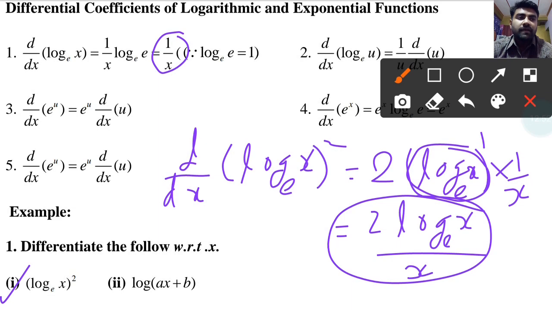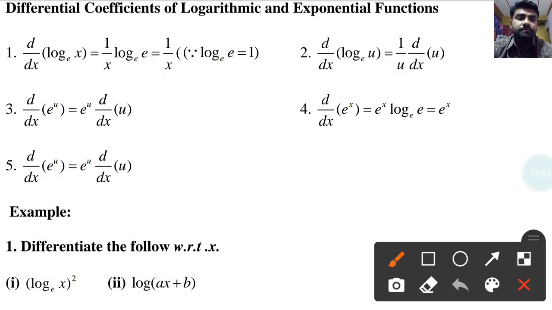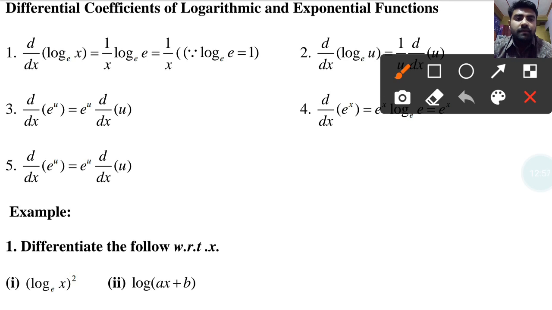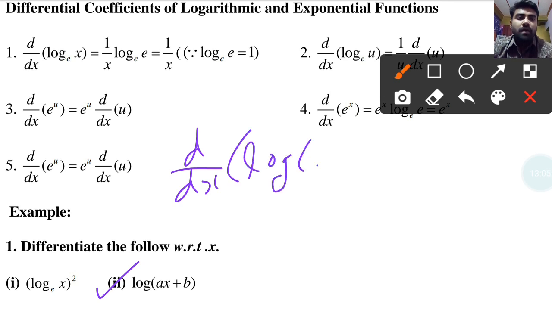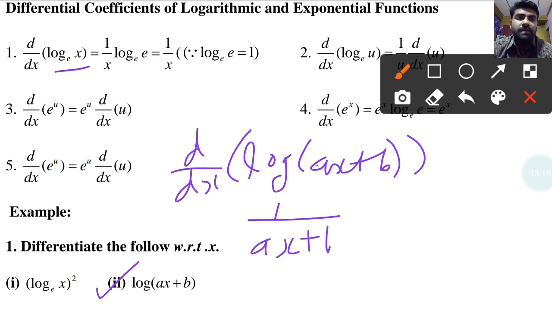Now second, here log ax plus b, so d by dx of log ax plus b. So simple, log x is 1 upon x, so I can write 1 upon ax plus b, but still we have to differentiate this one.